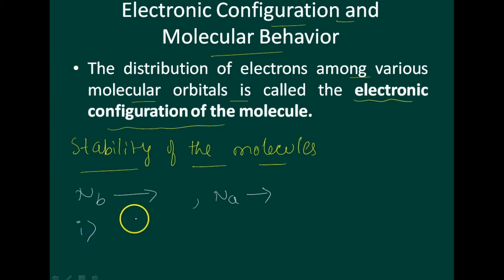In the first case, Nb is greater than Na, so the molecule is stable.